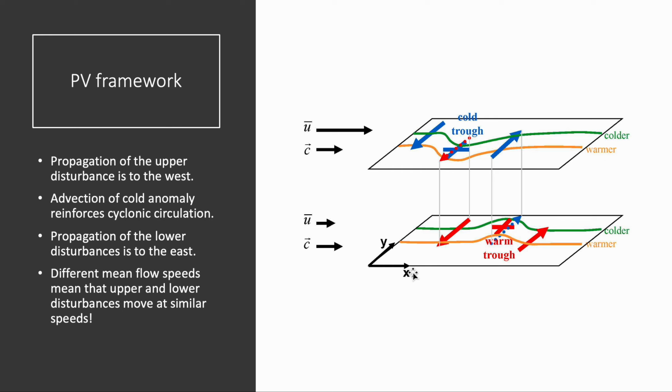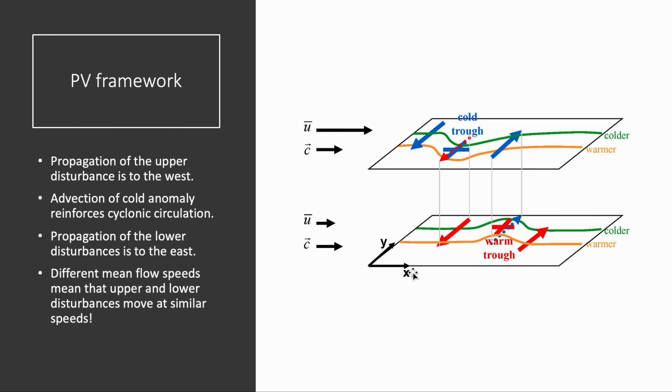And because these different anomalies have different motions and different propagating speeds, it might be that these two will get lost and we'll lose touch with each other.